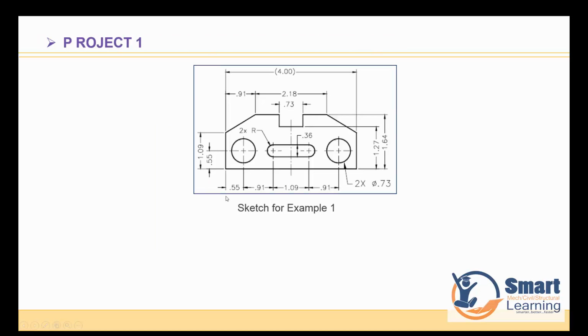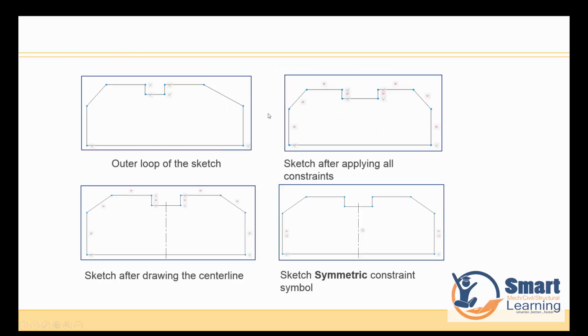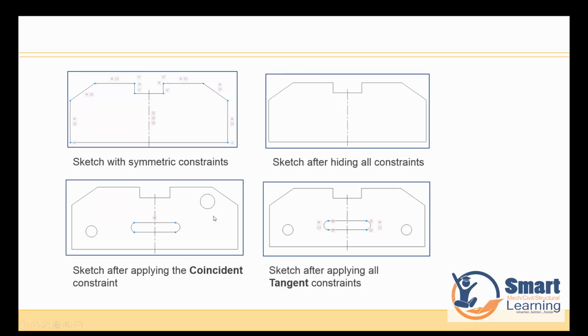And let us look at one project where we'll be configuring all this and how to do it. So this outer loop of the sketch is something like this, and we'll be applying all the default constants to the sketch, and then we'll be doing the symmetric, and after that you will position the holes and also the slot, and we'll apply the constant to that, symmetric with respect to this and tangent with respect to all these side holes.